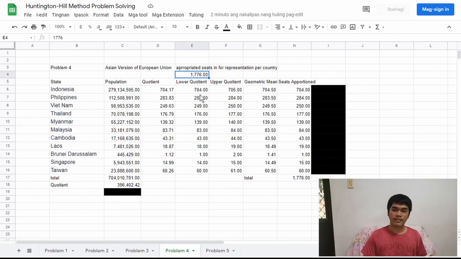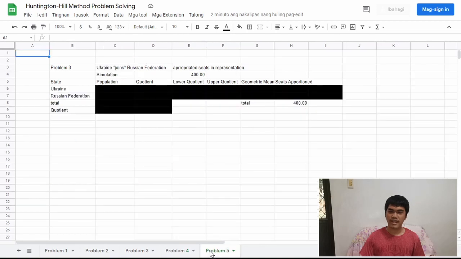So the next problem will be quite exciting because it is a current event and I want to throw some red meat here. So the next problem will be, ooh, Ukraine joins the Russian Federation simulation.